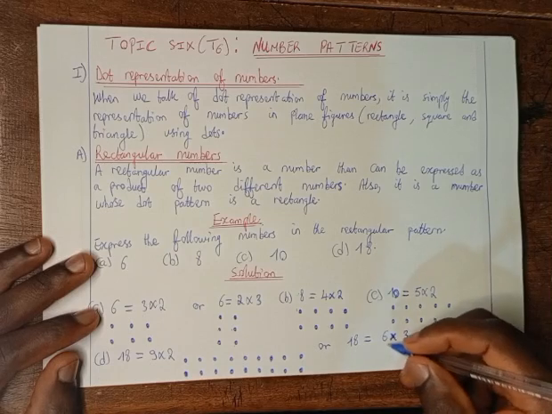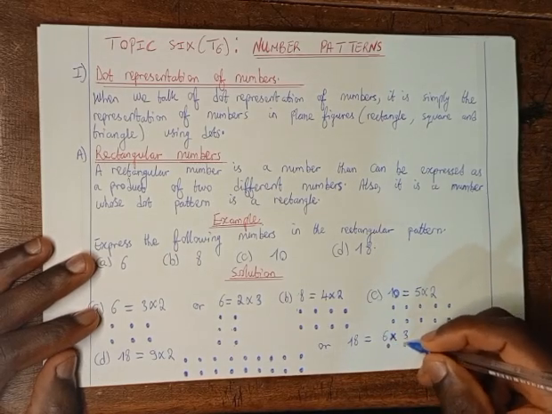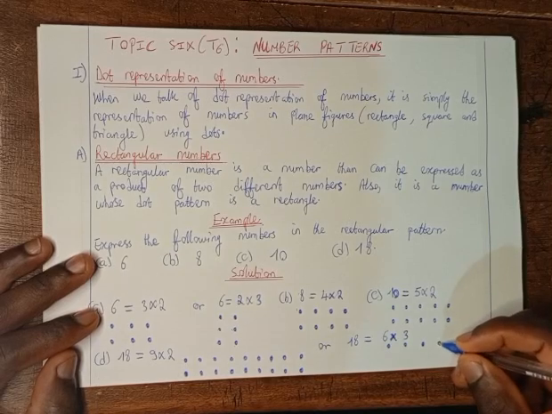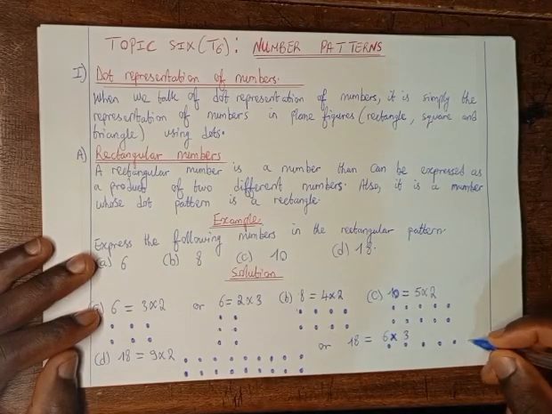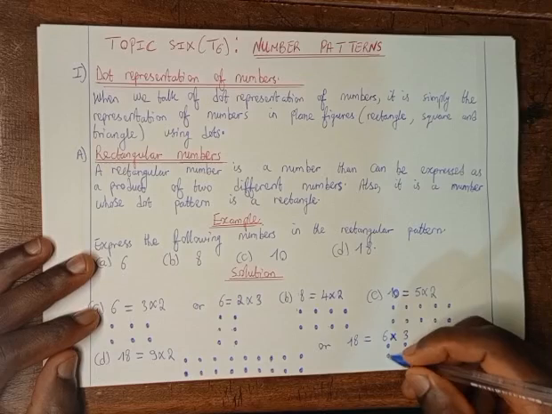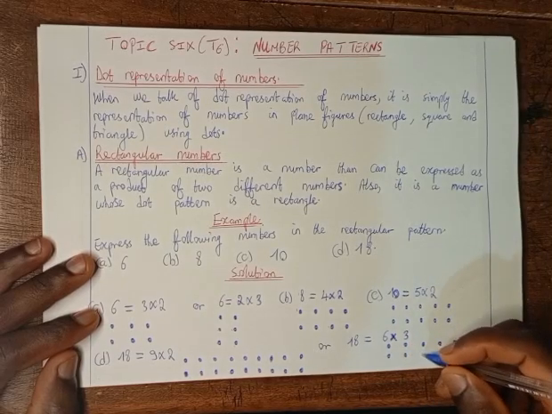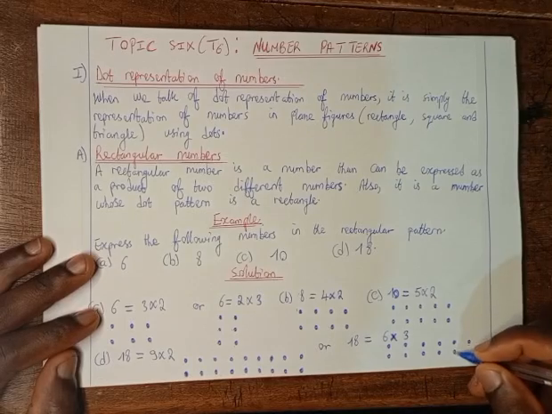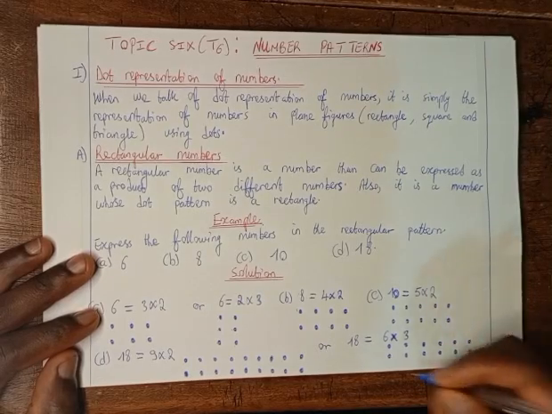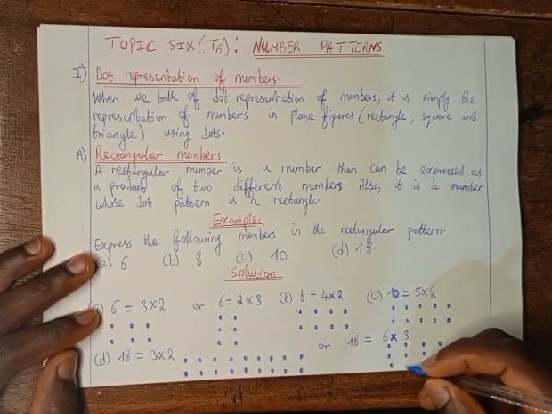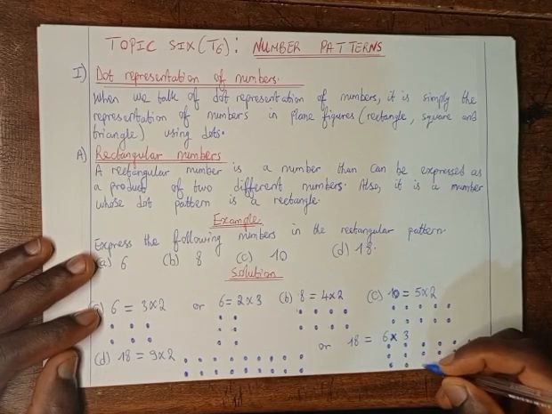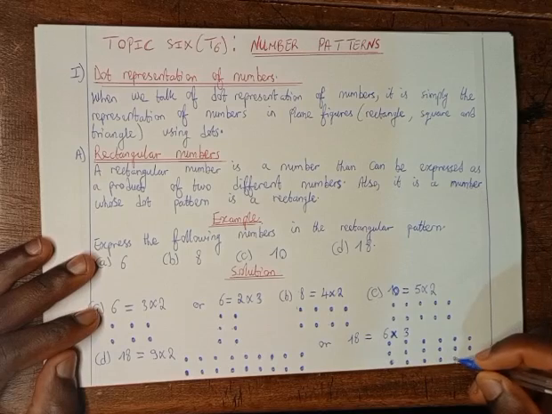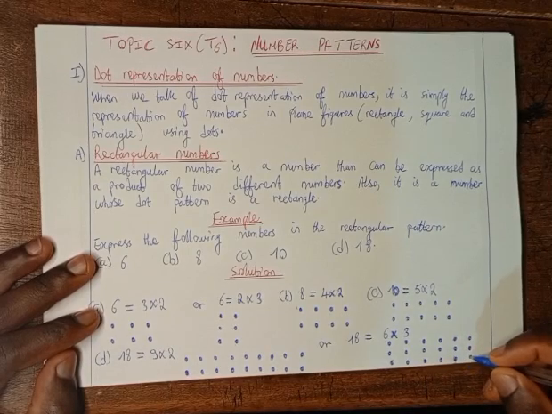Let's express it: 1, 2, 3, 4, 5, 6, and so on for each row.